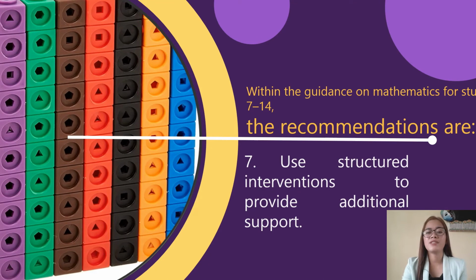Number 7 is to use structured interventions to provide additional support. Interventions in education allow teachers to address any gaps in a child's progress. Once a need has been identified, effective interventions can then be used to overcome any barriers in the child's learning.